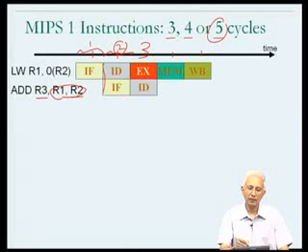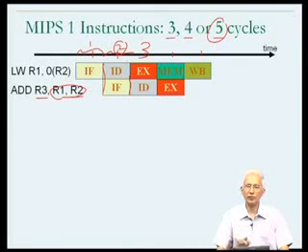Note that the ID hardware is no longer being used by the first instruction. The ID of the first instruction had been completed in cycle number 2. Similarly, I proceed down the timeline and I see that the execution, in other words, the adding of the value inside R1 to the value inside R2, can take place for the add instruction in cycle number 4.